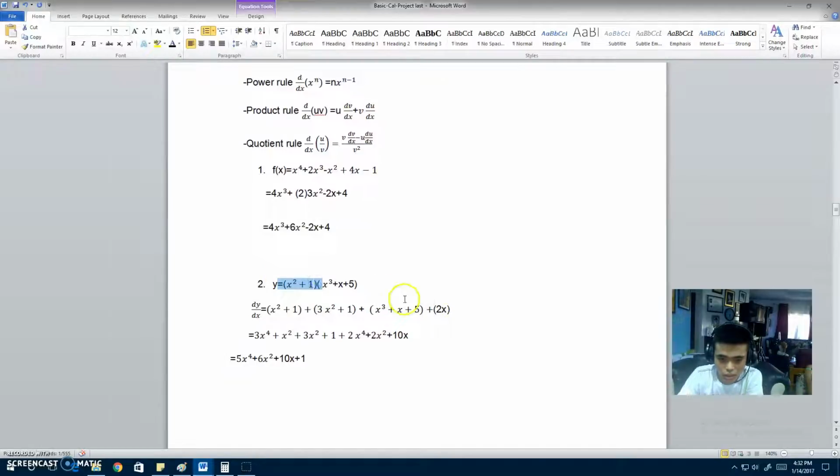So it will become 2x since the 1 doesn't have any variables. And then distribute each term like this, like this, like this, like this. So it will become like this one.